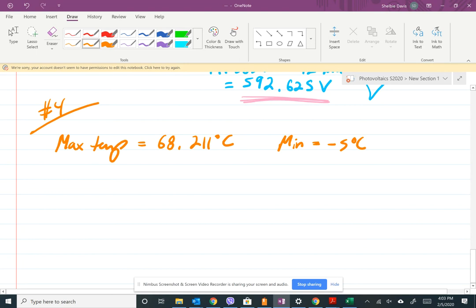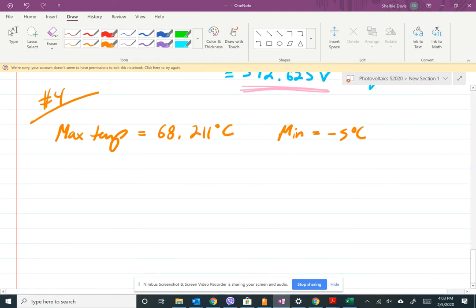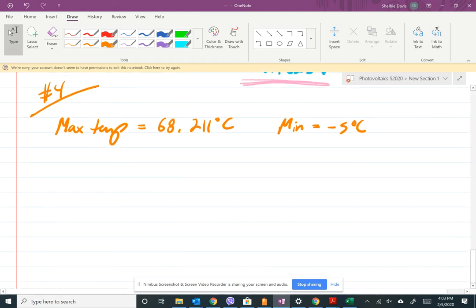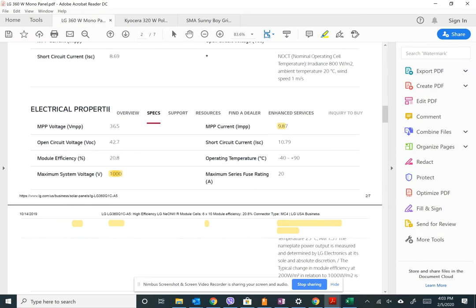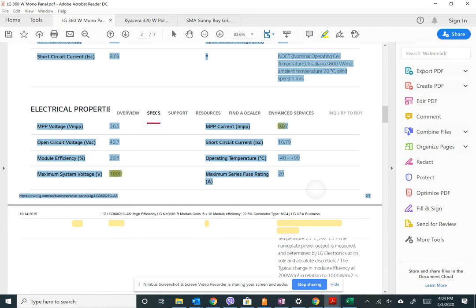So first of all, let's take a look at our max power here. That equation that we used for voltage also will work for power. So you can find P max at -5, which is equal to, and so we're going to look at the output at STC for our LG. So let me pull up the LG here. STC, and everything's yellow. That's great.